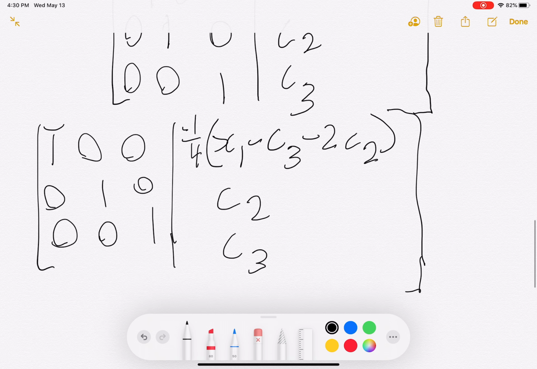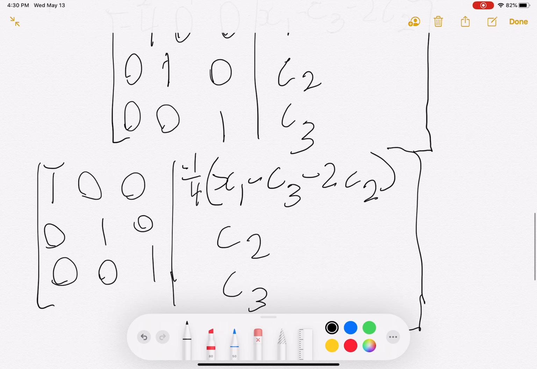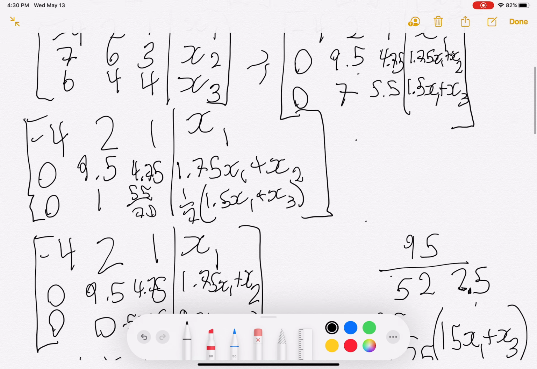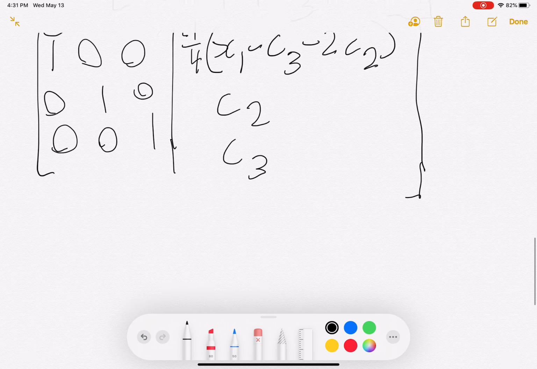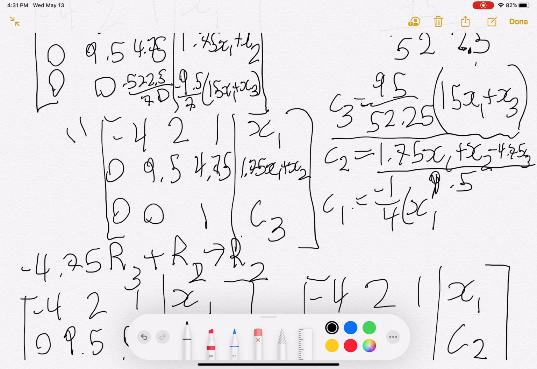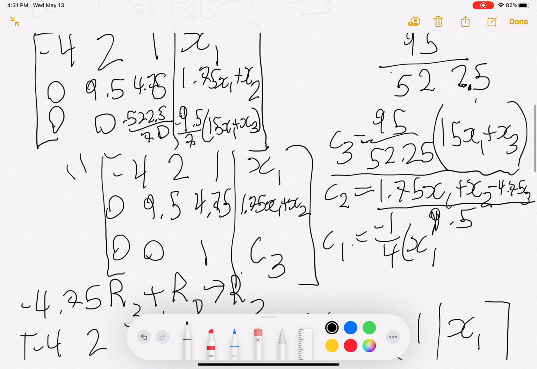So now we have it in terms of C, and we can finally get our value of C1, which is, you have to scroll all the way up, -1/4 times x1 minus C3 minus 2C2. And there we go.